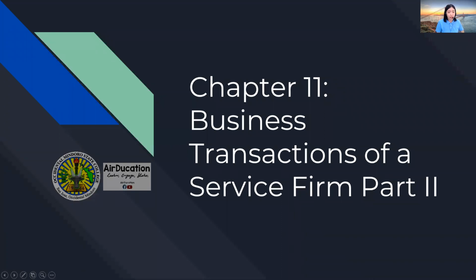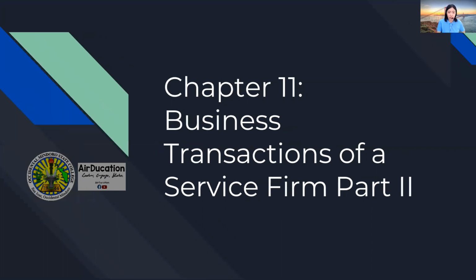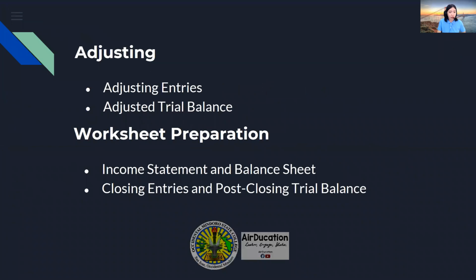For our chapter 11, the business transactions of a service firm, part 2, again about adjusting entries. First, what is adjusting and why are we preparing it? These are the coverage that we will discuss here: adjusting entries, the adjusted trial balance, and the worksheet preparation, including our income statement, balance sheet, closing entries, and post-closing trial balance.